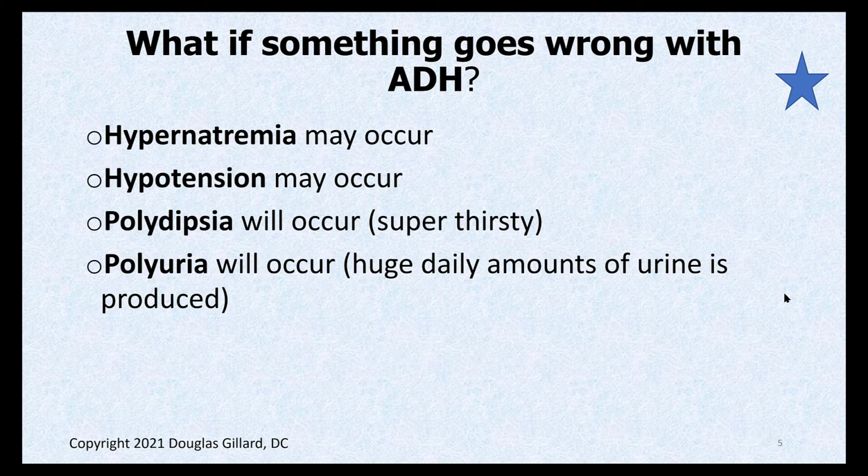If you can't reabsorb free water from the filtrate, hypernatremia could occur, hypotension could occur, polydipsia will occur, you'll be super thirsty, and polyuria will occur as well. Even if you don't have access to water, you're still going to be urinating quite a bit, because you can't absorb free water. And if you're drinking 10 liters of water a day, you're really going to be urinating. That's polydipsia.